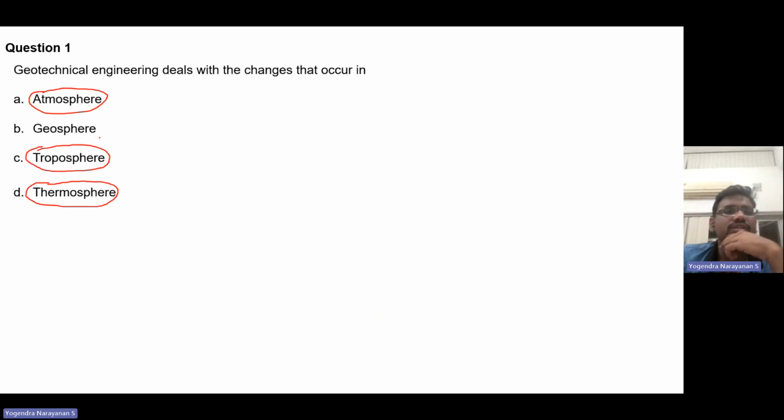So as far as geosphere is concerned, it consists of rocks, soils, deep underground formations, biota, that is plants, animals, microbes, which essentially governs the properties of soils and determines how the soil will behave. So, with this in view, the correct answer for this question will be geosphere.